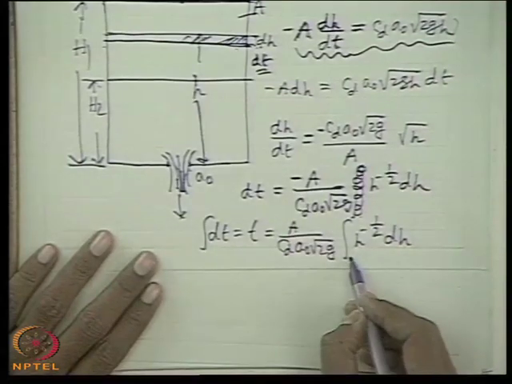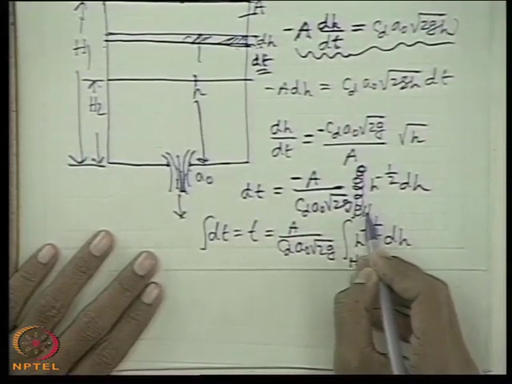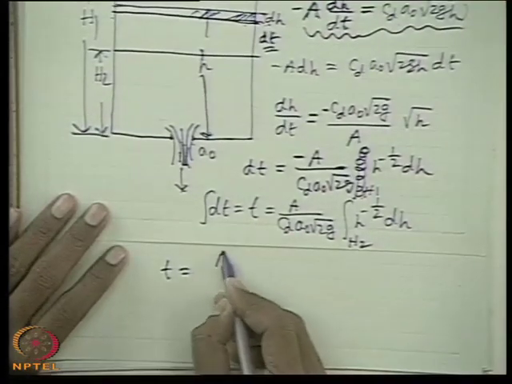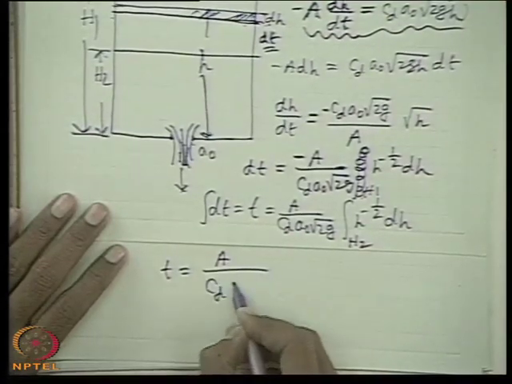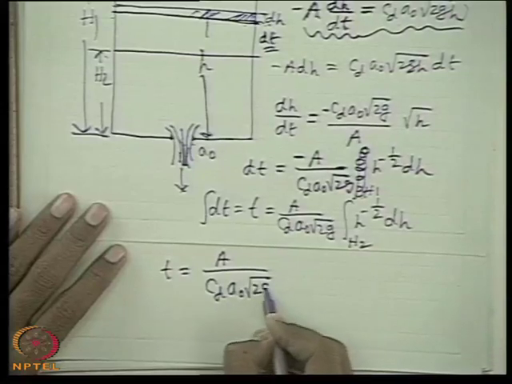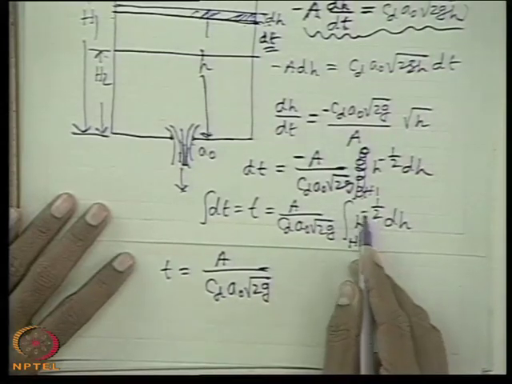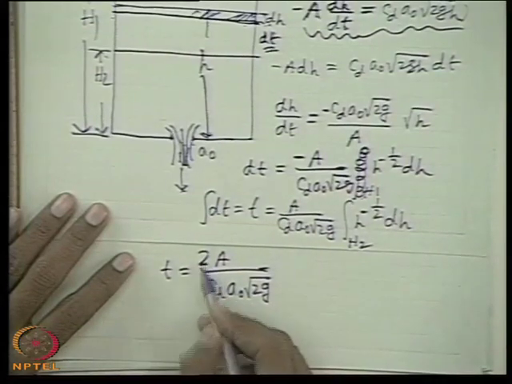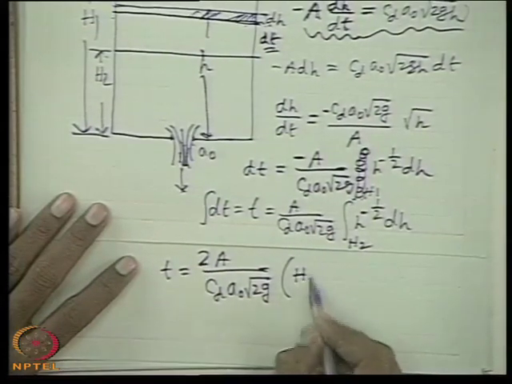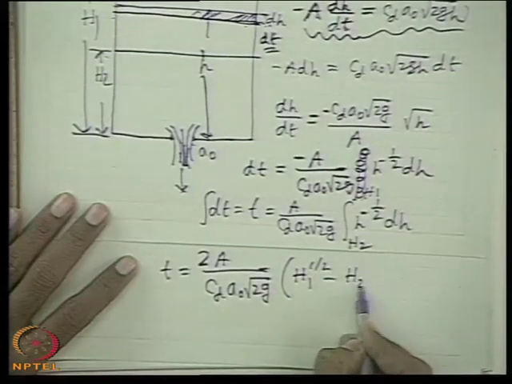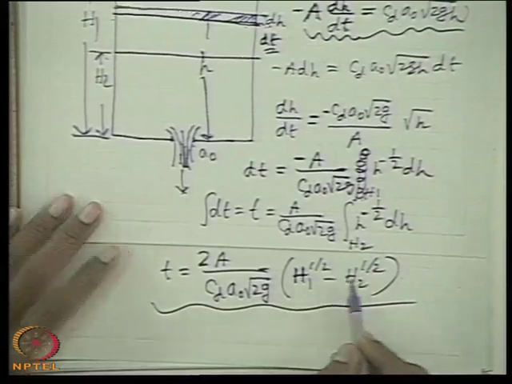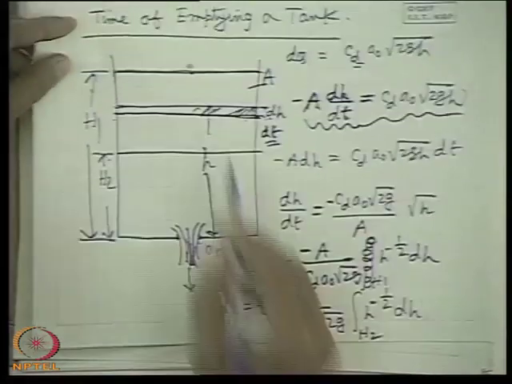I take care of the minus sign, so I write h2 to h1. If we integrate it, the time taken will be A by CD A0 root over 2g times the integration, which is 2 (h1 to the power half minus h2 to the power half). This is very simple. Now, if one has to find the time of emptying, which I started with.